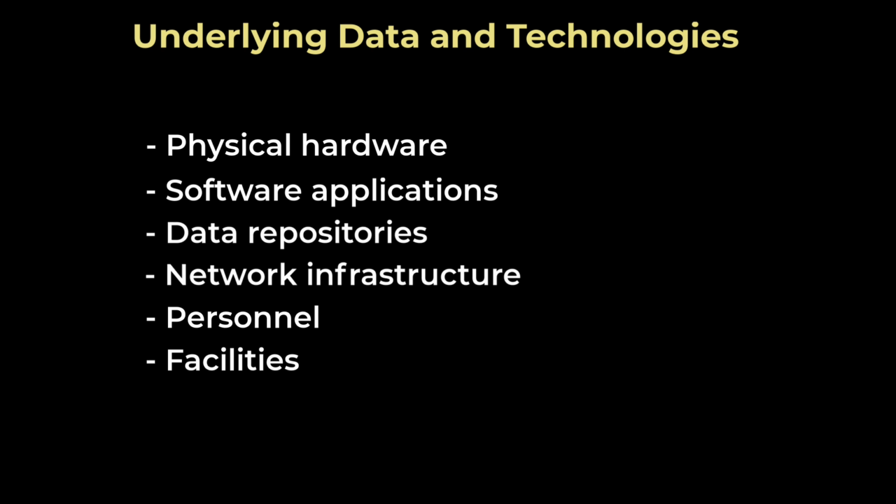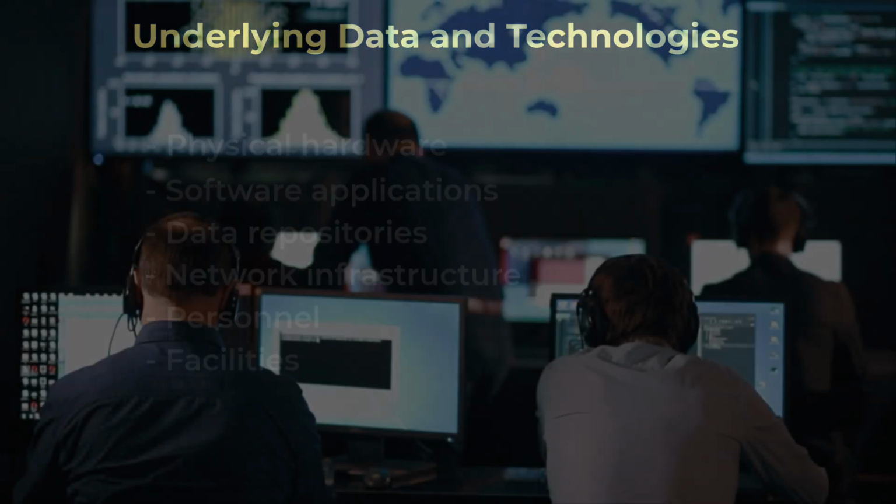By creating this inventory, the organization gains a clear picture of the tools, systems, and resources that underpin mission-critical processes. It is equally important to assign ownership to these assets, ensuring accountability for their security and maintenance.